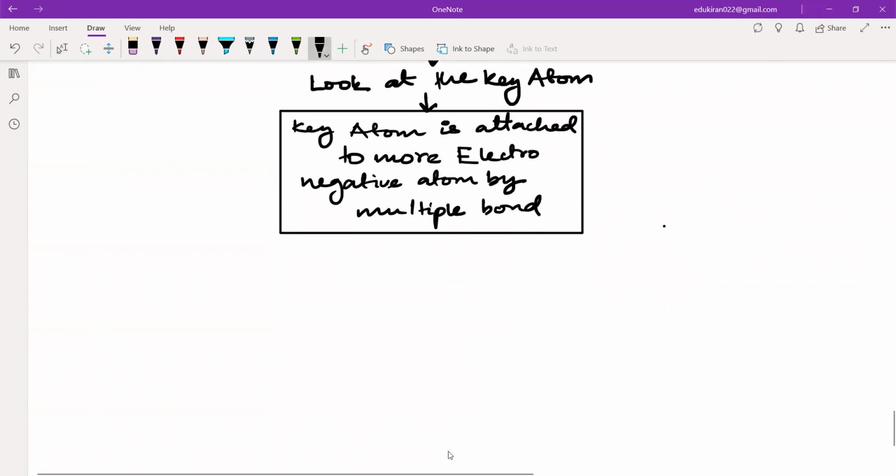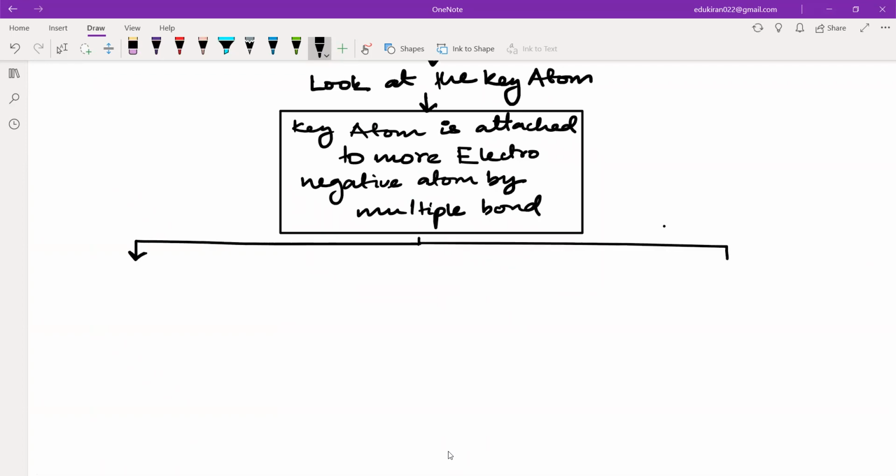Then you will get two answers. If yes, then this will be a minus M electron withdrawing group.